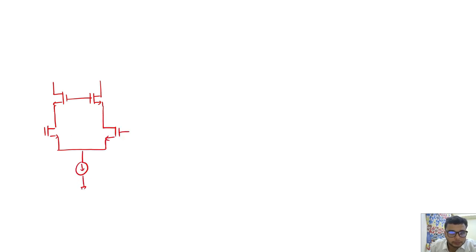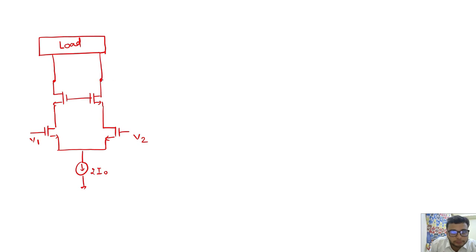If I say that on the input side I have some NMOS cascode device, and this is my input pair, this is my 2I0, V1, V2. On top of that there was a load. Previously it was a diode connected PMOS load. Still there is some load, but I am not showing it.